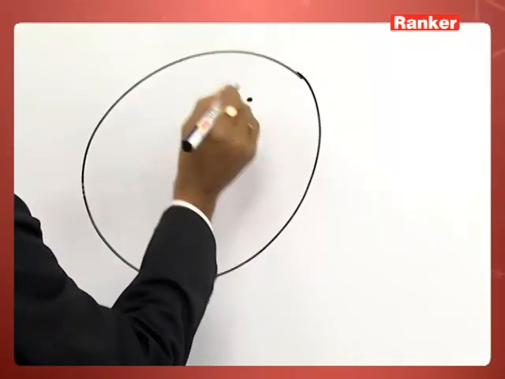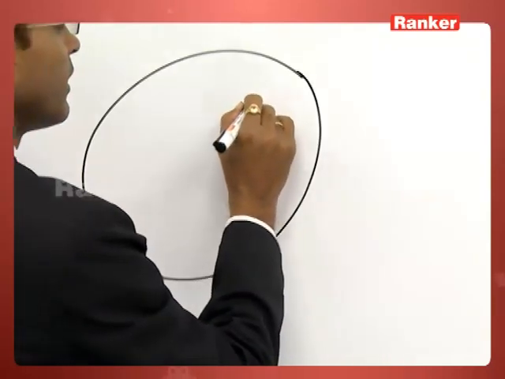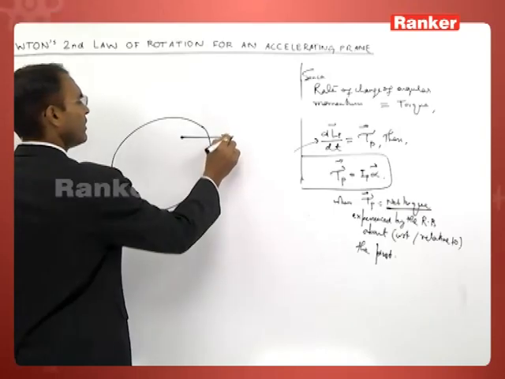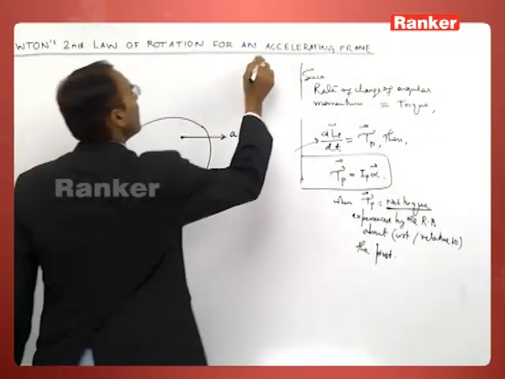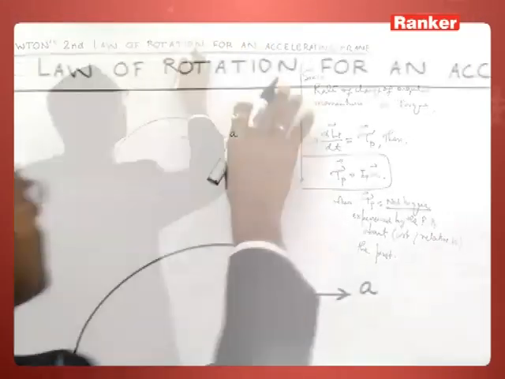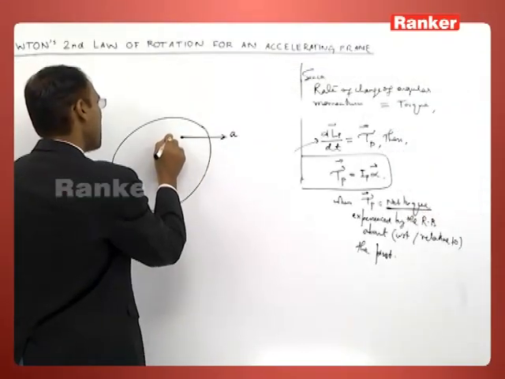Suppose this point is moving with some acceleration, because the context is Newton's second law of rotation for an accelerating frame. This is the pivot.